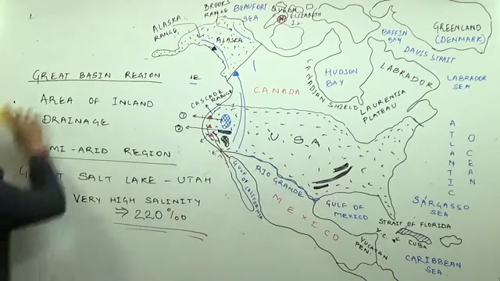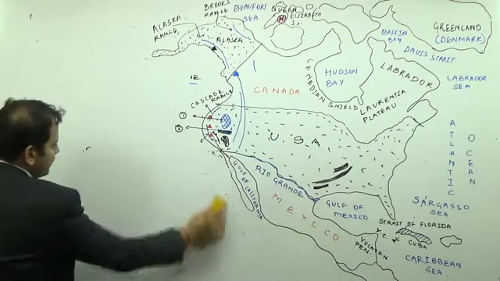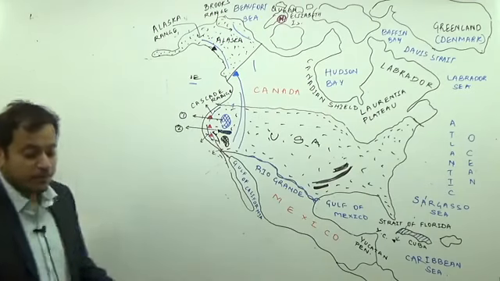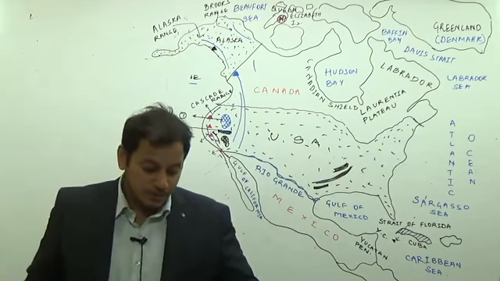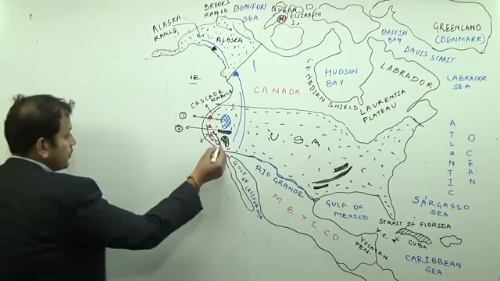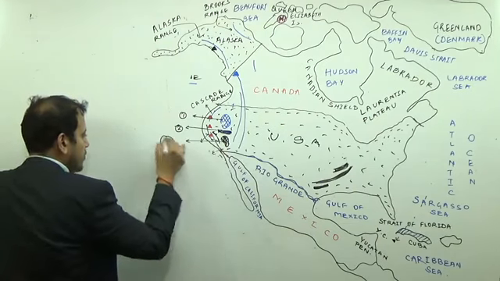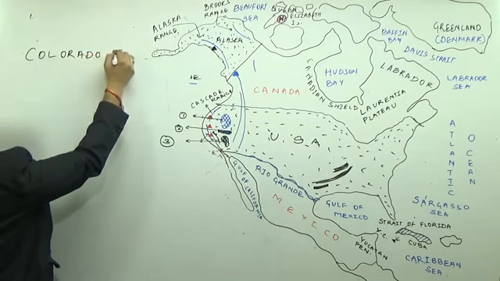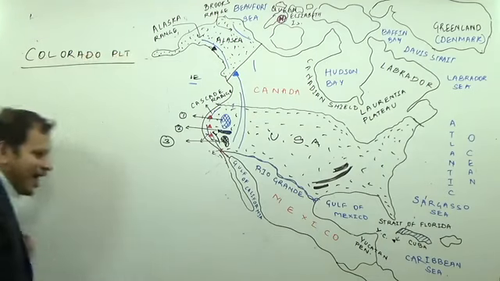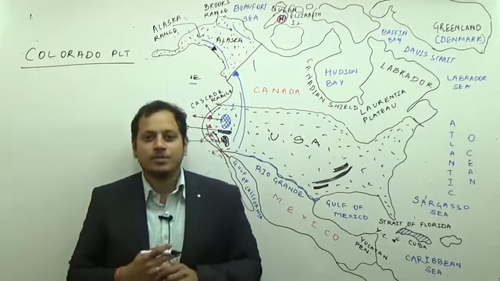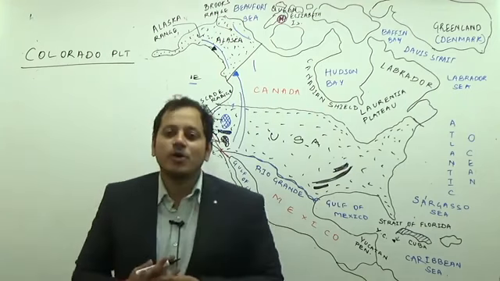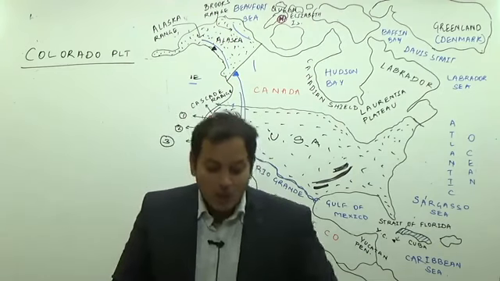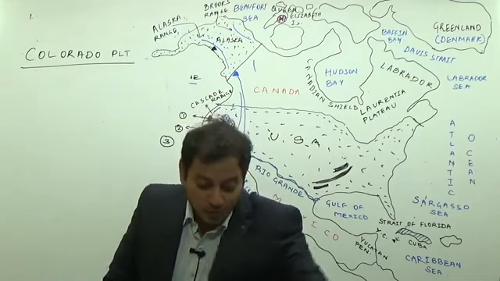Now the third part which is important here is the Colorado Plateau region. This is the Colorado Plateau region. Now, what is the importance of the Colorado Plateau region? The importance of the Colorado Plateau region is, again, it is a semi-desert, arid and semi-arid region which is drained by river Colorado.